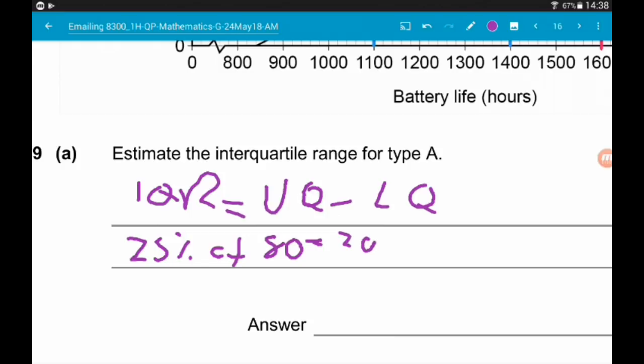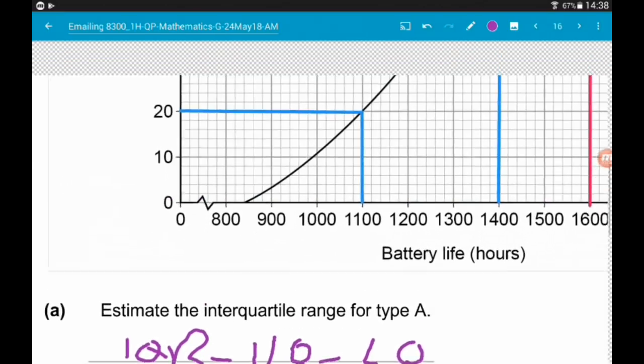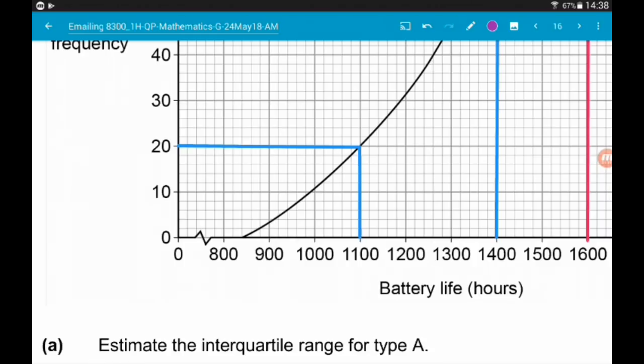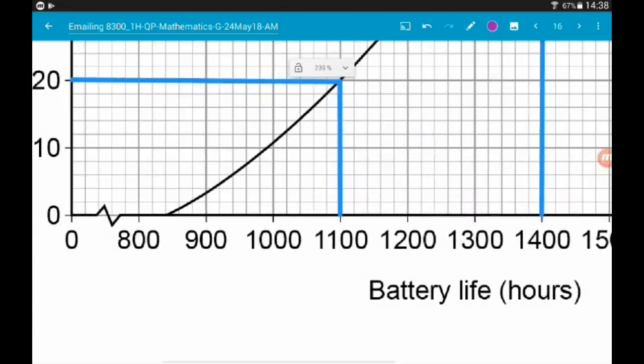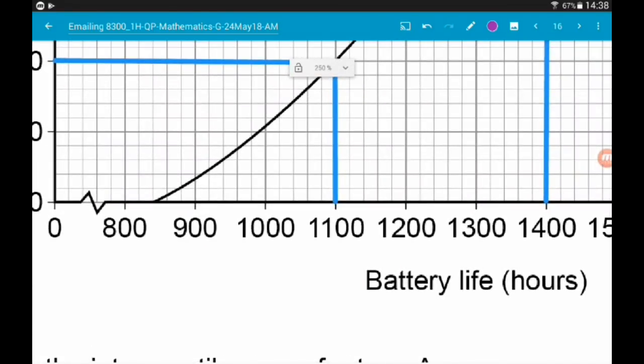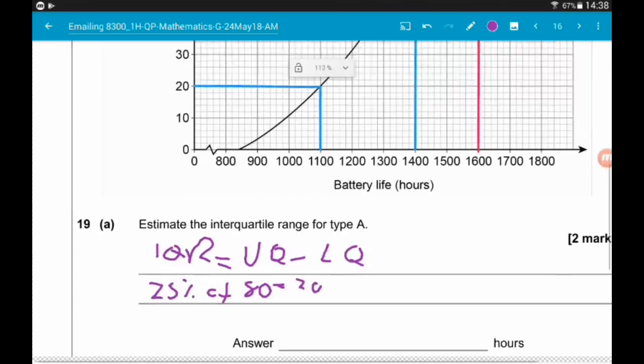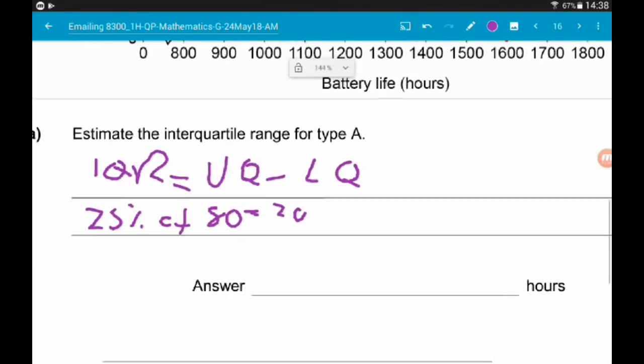So what we then do on the diagram, we find 20 on the y-axis and go across until we hit our graph, and then we go down to the x-axis, and that gives us the value for our lower quartile. So our lower quartile is 1100.